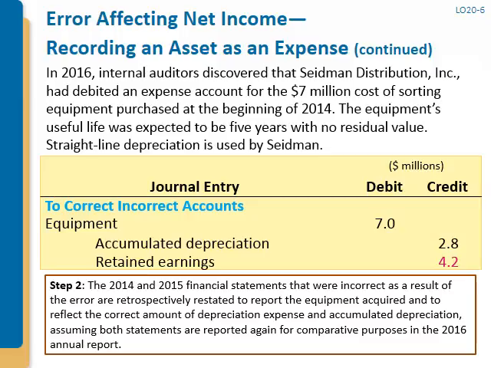Step 2. The 2014 financial statements that were incorrect as a result of the error are retrospectively restated to report the equipment acquired and to reflect the correct amount of depreciation expense and accumulated depreciation, assuming both statements are reported again for comparative purposes in the 2016 annual report.